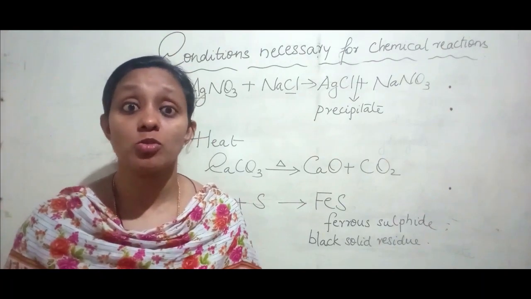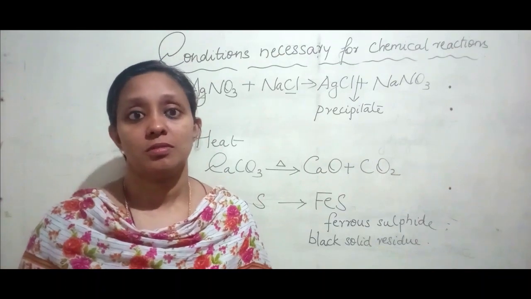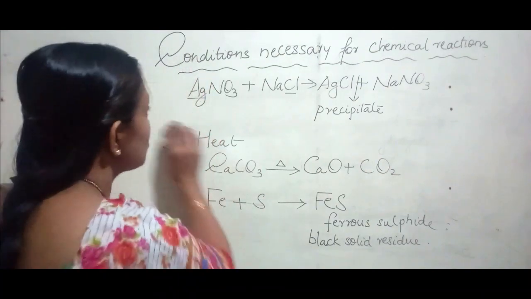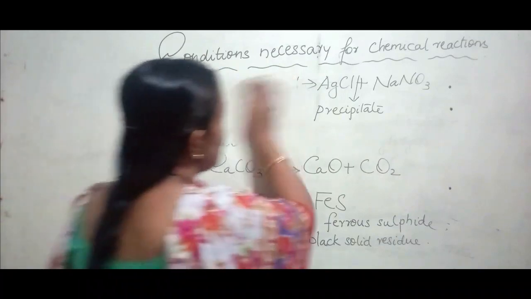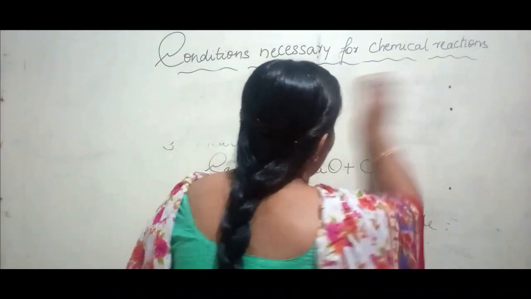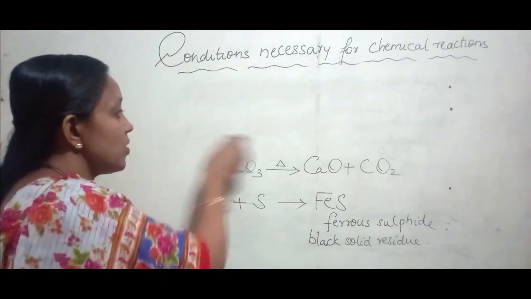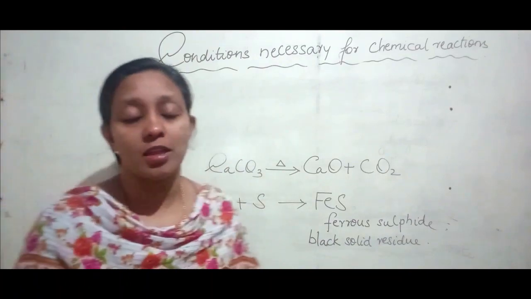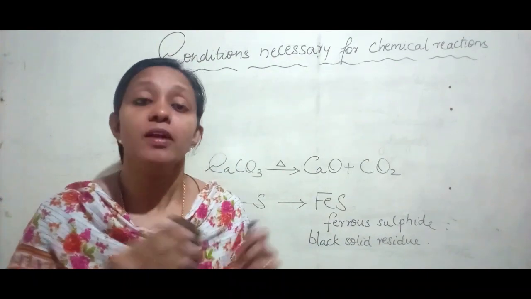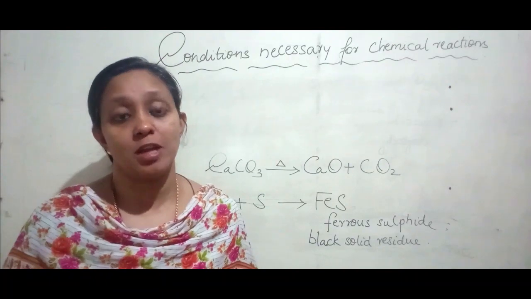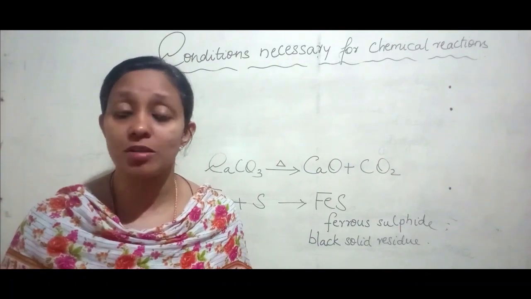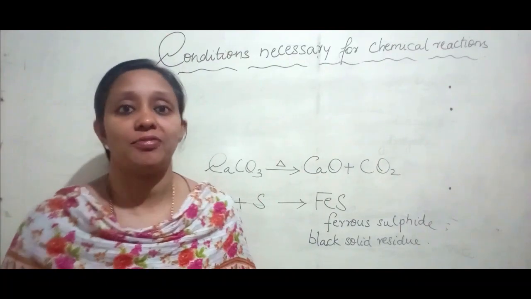Okay, so we have seen three conditions necessary for a chemical reaction to take place. Now we are moving on to the fourth condition. The first condition was close contact. Once two reactants are brought close together, just placed together, that's enough for the reaction to take place. I told you, for all chemical reactions, close contact is not enough.